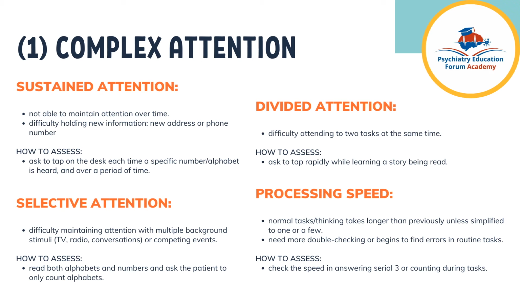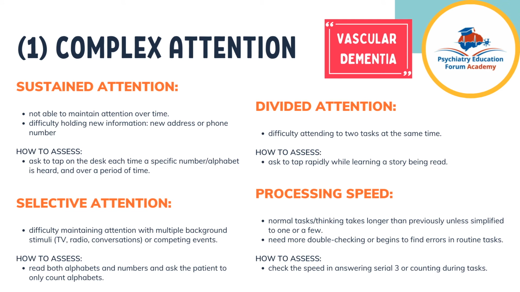What subtype of neurocognitive disorder or dementia has more dominance of the complex attention issue? The answer is vascular dementia. When you look at the DSM-5 criteria for vascular neurocognitive disorder, the number one criterion, we all know, is a temporal association between the onset of cognitive deficit and one or more cerebrovascular events.